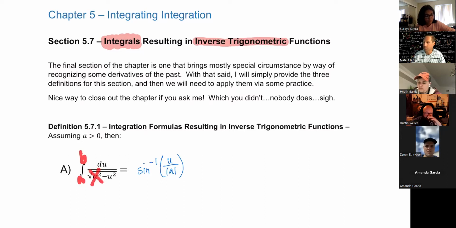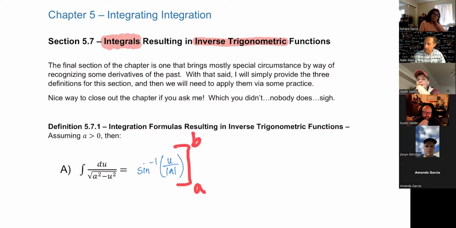All right, we will also hopefully be able to do that, which means at the end we will have this, and we will use that fundamental theorem of calculus part 2. All right, but since we don't see that, we got to make sure that we put the plus c at the end.